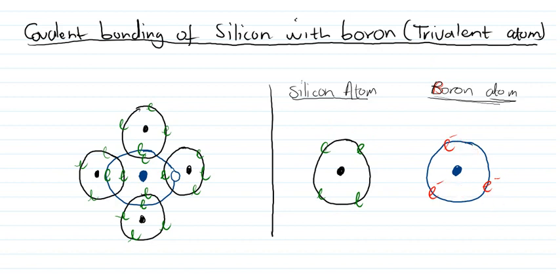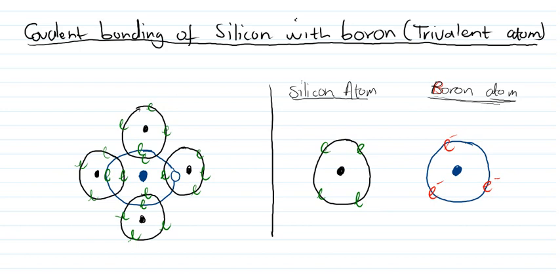So during the covalent bonding, what will happen? This one will pair up with this one, and this one will pair up with this one, and this one will pair up with this one, but this one will have no one to pair up with, so a hole will be left there. You understand? There is the hole.